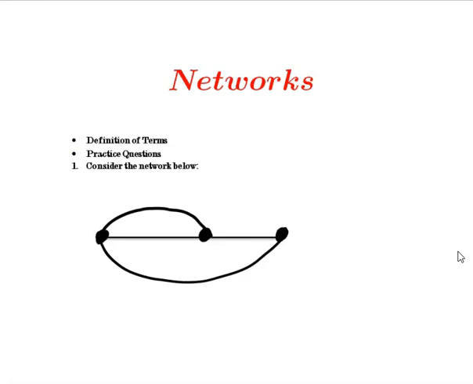Also, one very, very important aspect when you are dealing with networks, we must note Euler's formula, where the number of regions is equal to the number of edges minus the number of vertices plus 2.